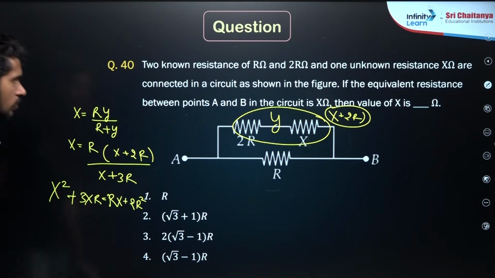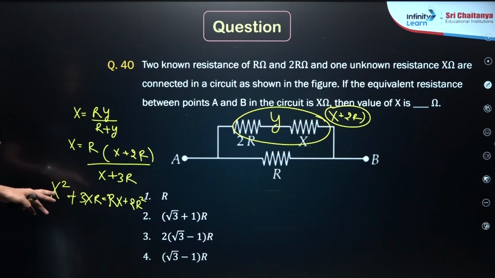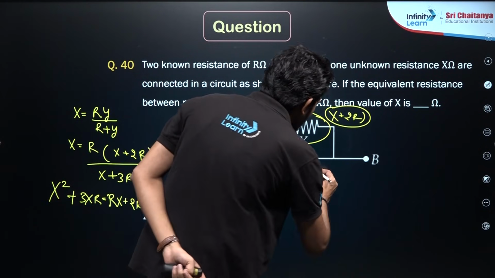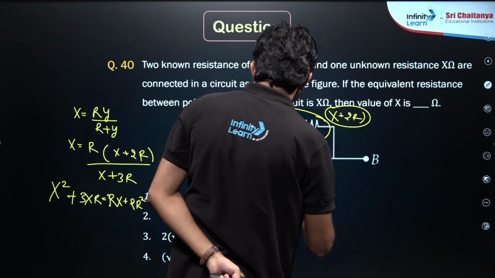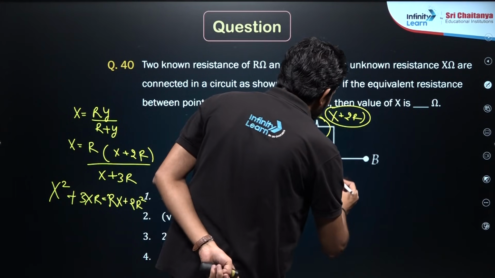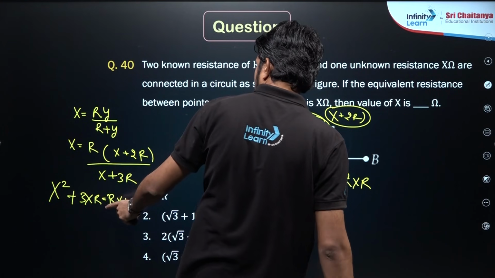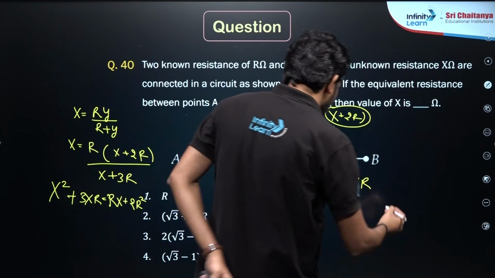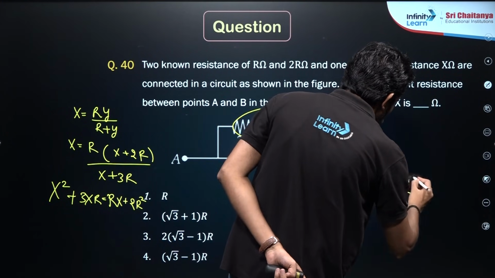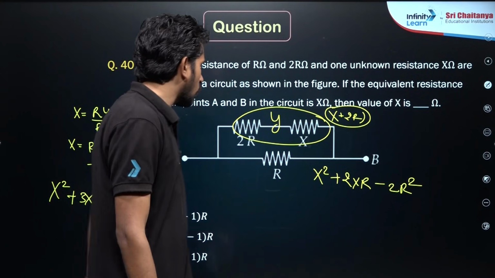Am I right? Okay. So now we got the quadratic equation: X square plus 2XR minus 2R square equals 0. You know how to solve a quadratic equation.